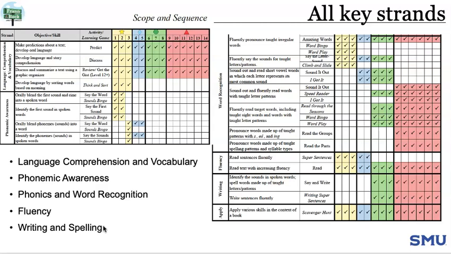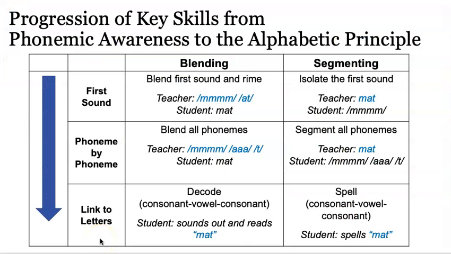This graphic shows you the key skills that help students move from phonemic awareness to the alphabetic principle, making that transition from letters, sounds, to actually using those letters and sounds to read and spell words. So the first row deals with first sound.